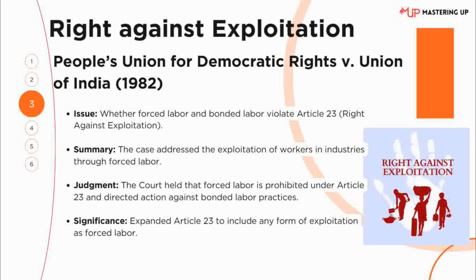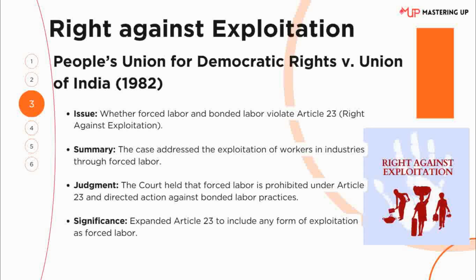To summarize, the People's Union for Democratic Rights challenged forced and bonded labor, arguing it violated Article 23, right against exploitation. Workers were being forced to work under threat, violating their right to freedom and dignity.